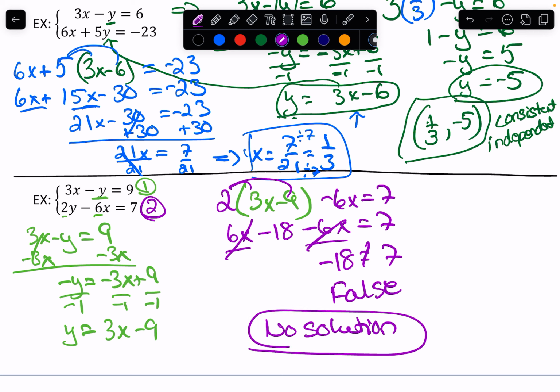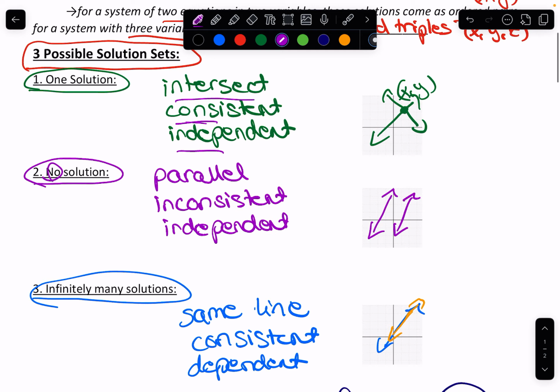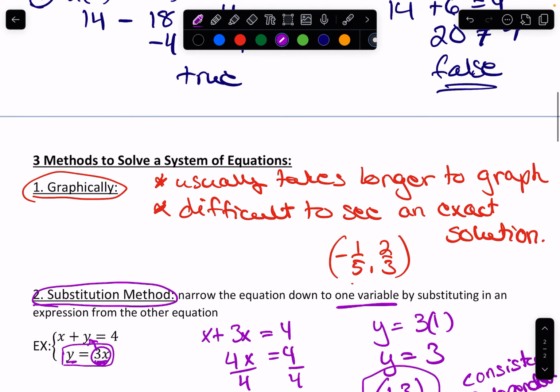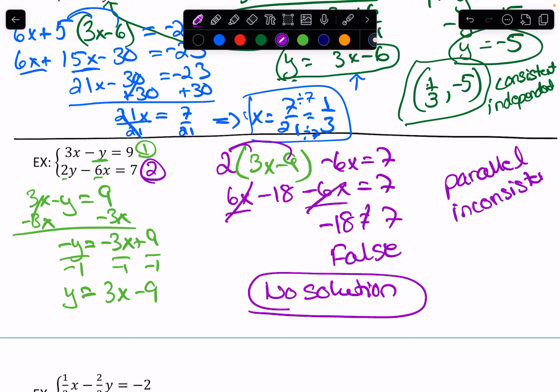And so when we have no solution, we can see that they're parallel, inconsistent, and independent. So these lines are parallel, inconsistent, and independent.